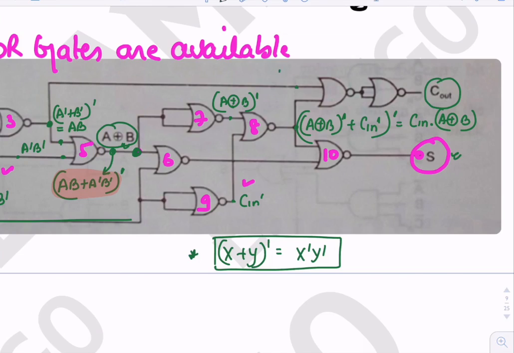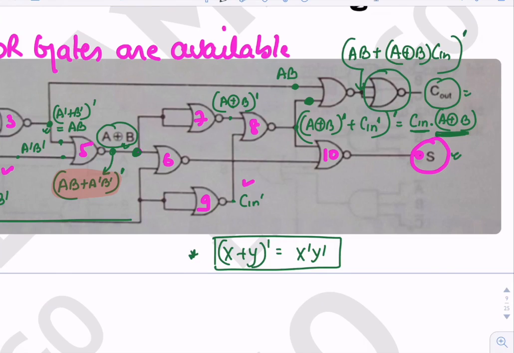So here we have A into B as it is coming from here. Here we have Cin multiplied by A XOR B. Here we have A into B. So here we will get (AB plus A XOR B into Cin) whole conjugate, and this is working as a NOT gate, so we'll get Cout here.